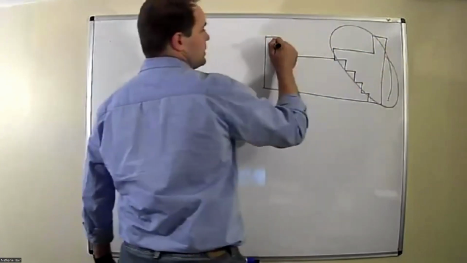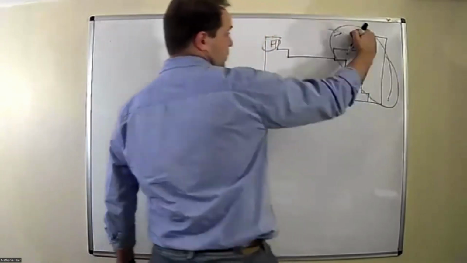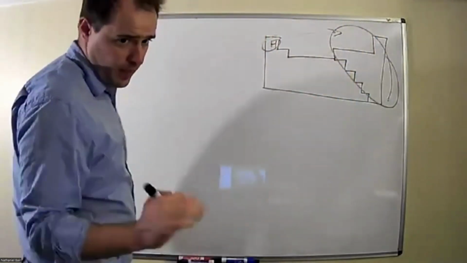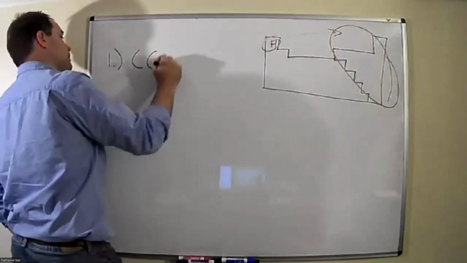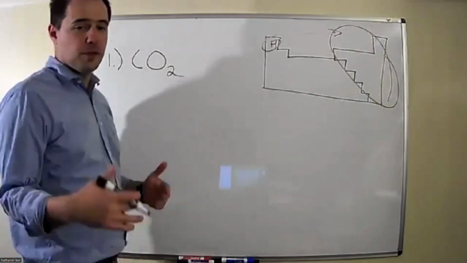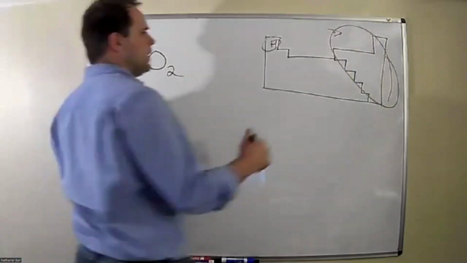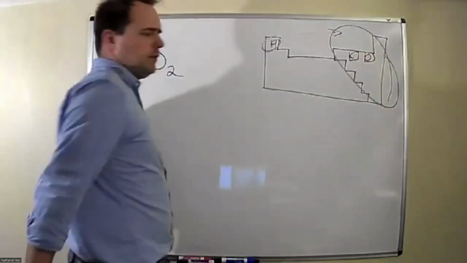So all of my elements, hydrogen counts too, are above that staircase. CO2. You all know that's carbon dioxide. First of all, carbon and oxygen are both above the staircase.